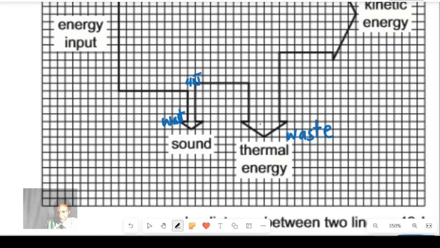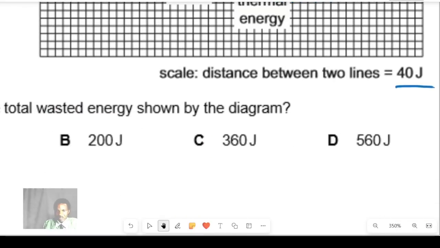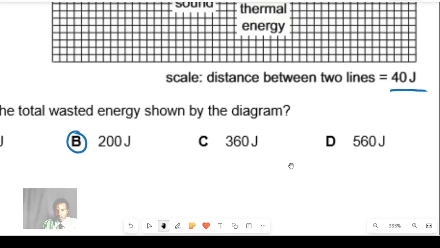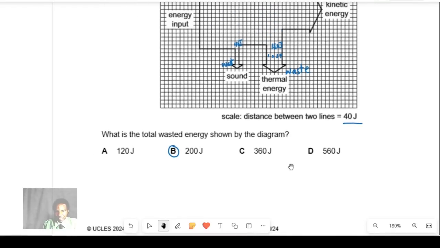Then the thermal energy, heat produced as the drill is rotating, you have 40 four times, that is 1, 2, 3, 4. So 160 joule. So the total wasted energy, 160 plus 40, will give us 200 joule. So the answer there is B.